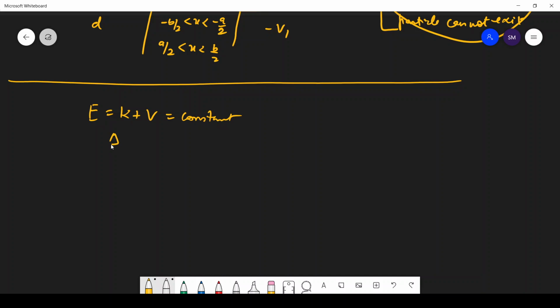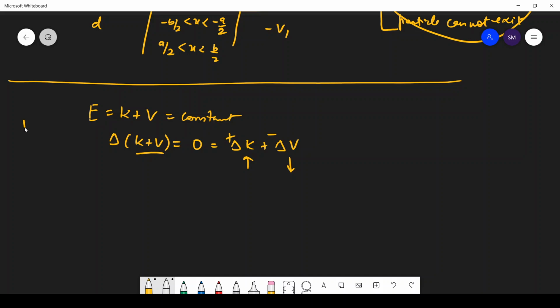Therefore any change in kinetic energy plus potential energy is 0. You can also write it like this: the net change in kinetic energy and potential energy will be 0. If kinetic energy increases, then potential energy will decrease, and only then can the sum be 0, no? Because one is positive, the other can be negative, so it will cancel out and come to 0.